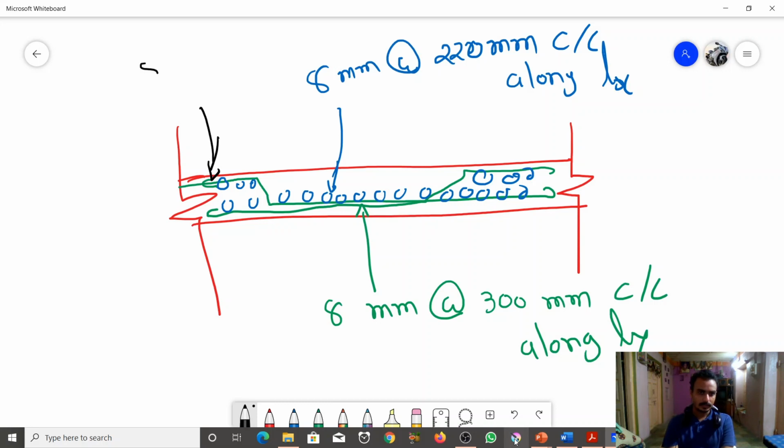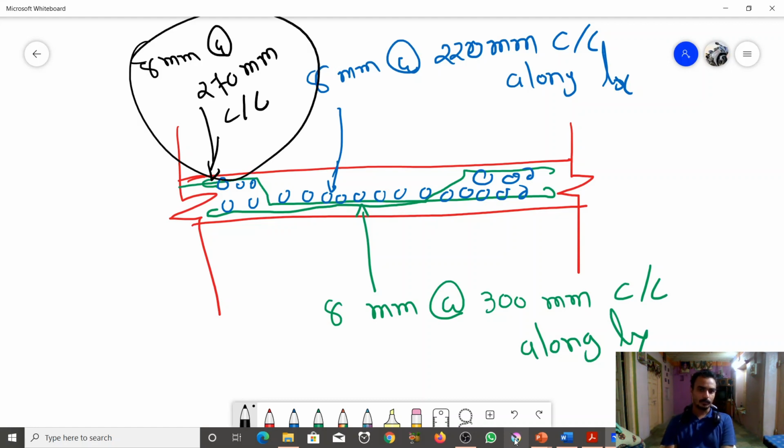Here is an 8 mm diameter bar at 270 mm center to center, at the support. Then here the effective depth is 110 mm and the overall depth is 135 mm.